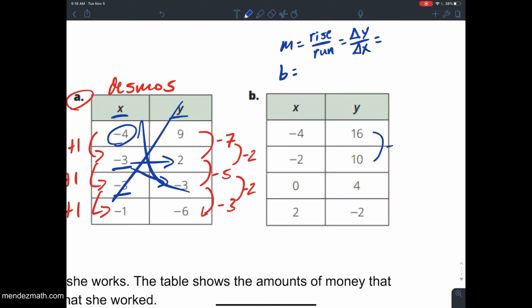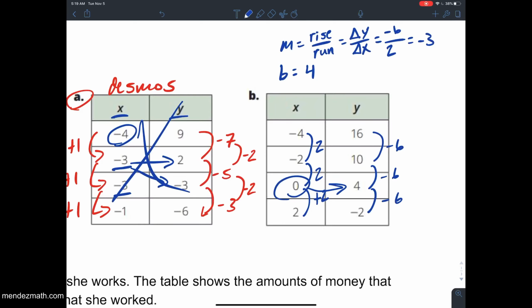From here to here is -6, -6 and -6. The change in x is increasing by 2, +2, +2. So -6 over 2 is -3. Okay, that's our slope. Our y-intercept is basically when x is 0, what is y? It's 4.